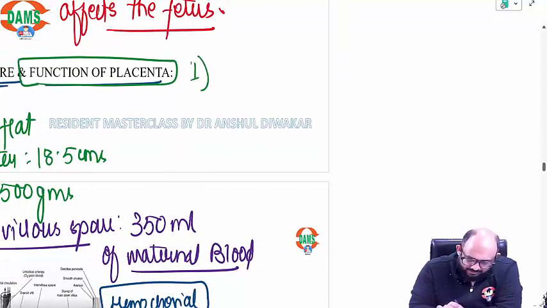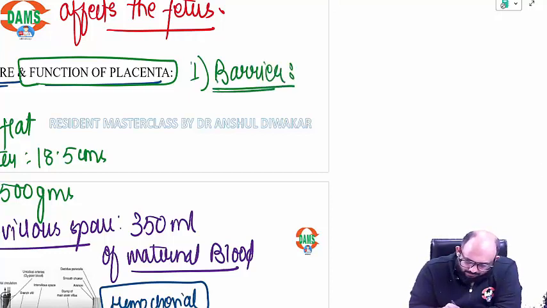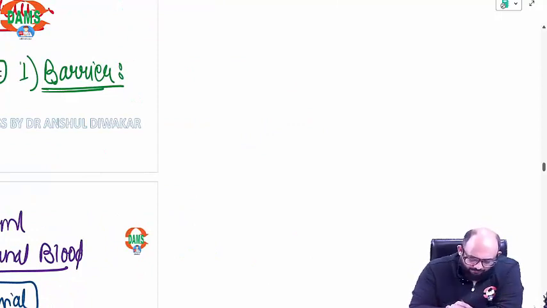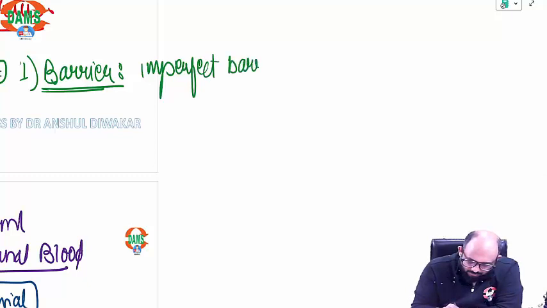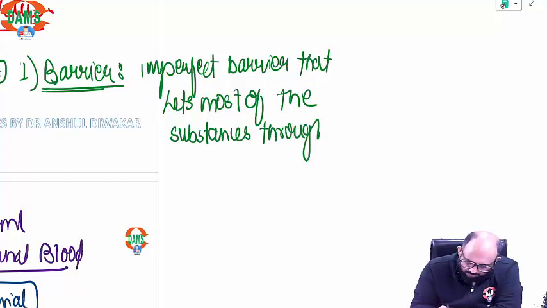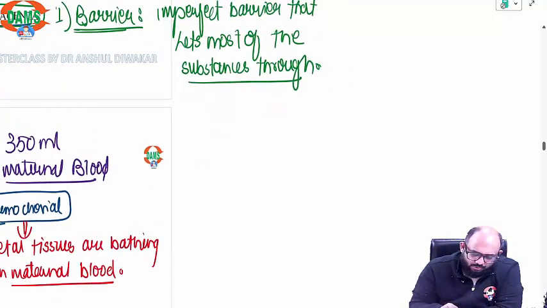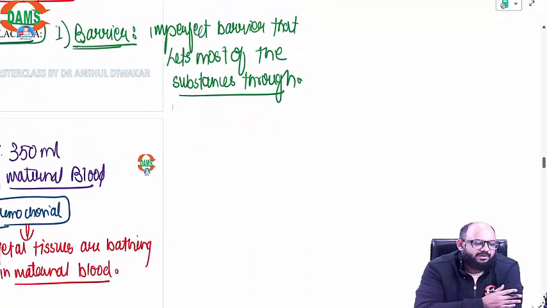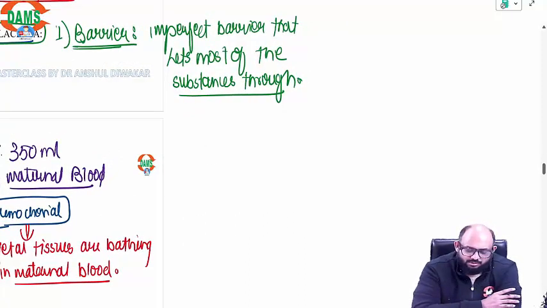The first is it acts as a barrier between mother and the fetus, but it's an imperfect barrier that lets most of the substances through.